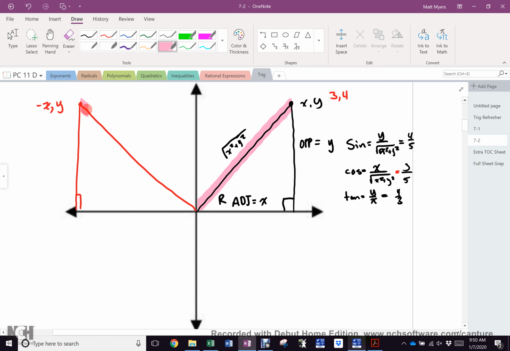And there is my hypotenuse. So over here, without even thinking now, this is still y. What does this become? Negative x.